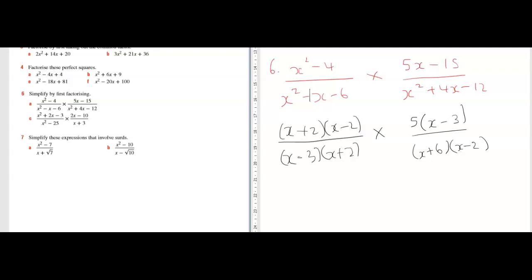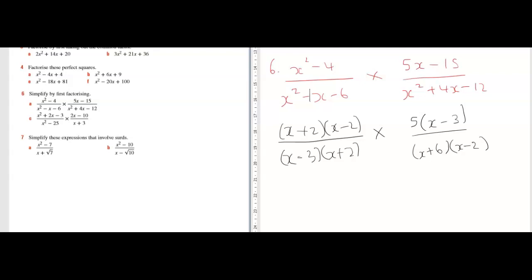Now you can, and I'm going to do this just so I can skip a step, start cancelling some things out. So anything on the numerator, because when we multiply, all the numerators get multiplied together, and all the denominators get multiplied together. So anything that is on the top, either on the left-hand side or the right-hand side, can get cancelled out by something on the denominator on the left-hand side or right-hand side.